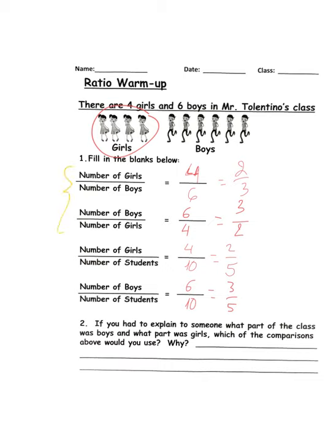These two are part to part. Now the next two are the comparison of one quantity to the total, so I would say this is part to whole. It's different from the first ones, which are part to part.